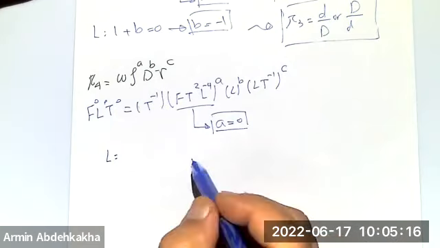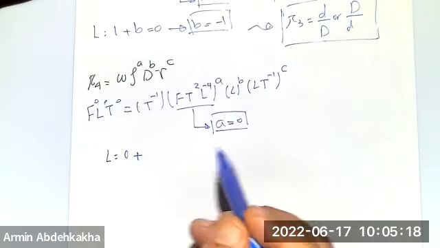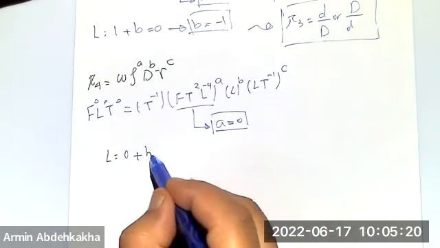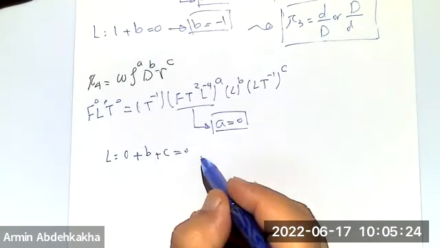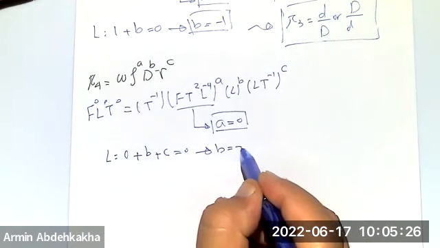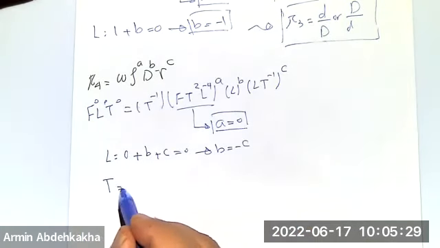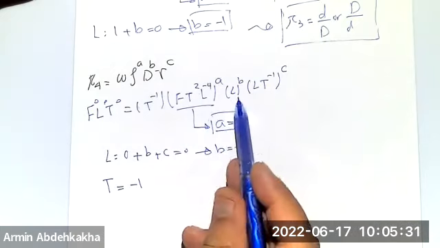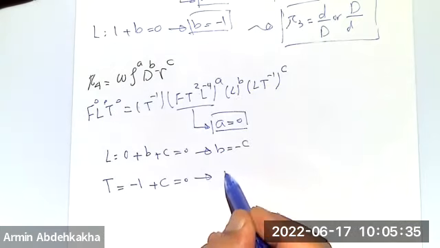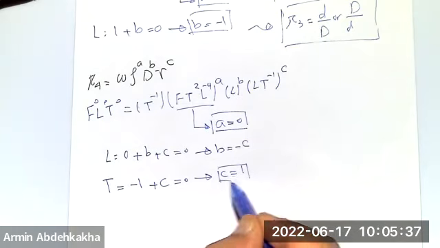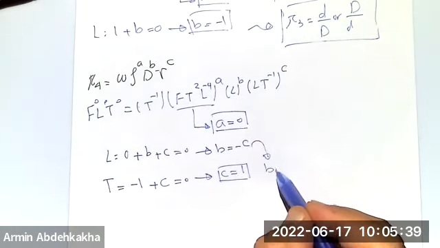For L, you have 0 plus b plus c equal to 0, which is b equal to minus c. And for T, you have minus 1, and you have 0 plus c equal to 0. Then c is 1, and b is minus 1.